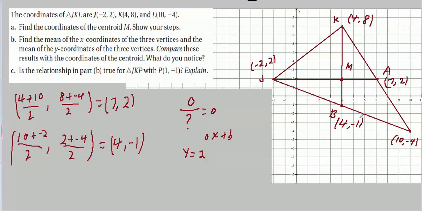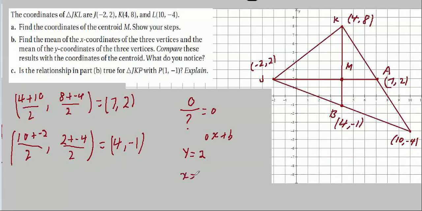But the run, 4 minus 4, that's 0. Doesn't matter what you put on top of 0, it's undefined. This is vertical. So as an equation, it doesn't really make much sense. It's just the line x equals 4. That's about all you can write. So that's our other equation for the line.